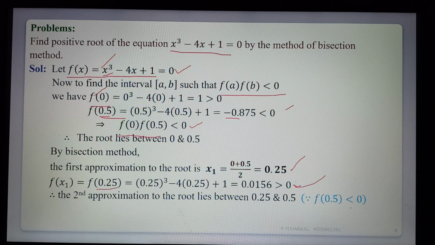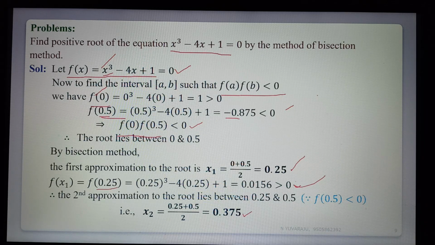That is the second approximation: root lies between 0.25 and 0.5. So x2 is half of these two values, 0.25 plus 0.5 by 2 is equal to 0.375. This is the second approximation.